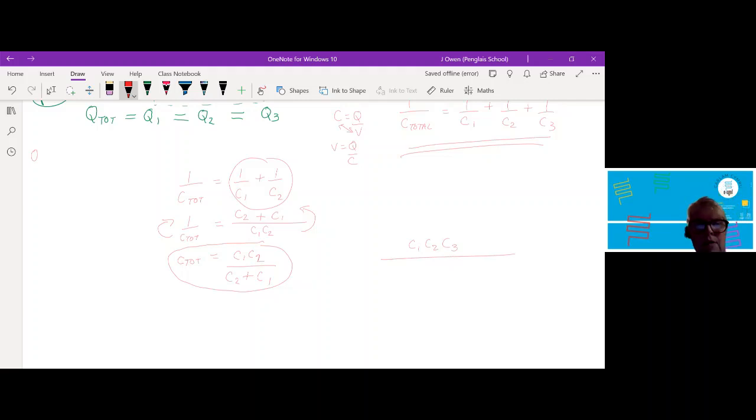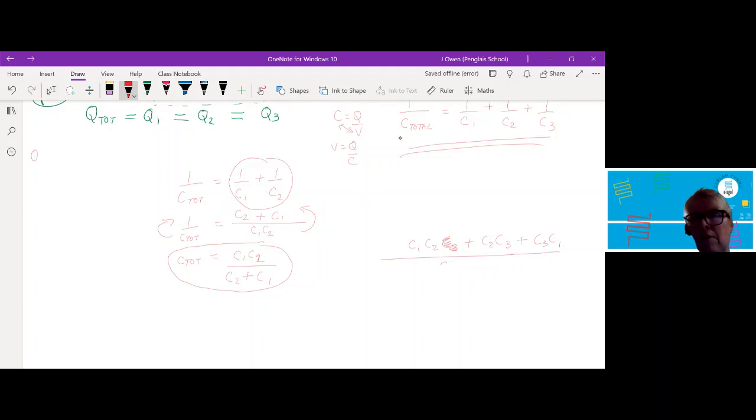Hold on, no. Let me go back. C1, C2 plus C2, C3 plus C3, C1. Hopefully, you won't need it for this. Actually, let me just think about it. It's C1, C2, C3.